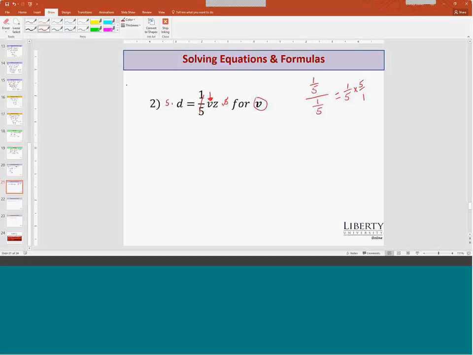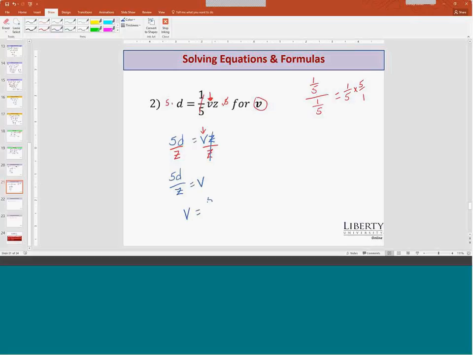So now we've got 5d on the left is equal to V times Z. Next, keep your eye on V. We're undoing what's being done to V. What's being done to V is that it's being multiplied by Z. So we've got to undo that by dividing both sides by Z. So we've got 5d over Z equal to V, as the Z's become 1.